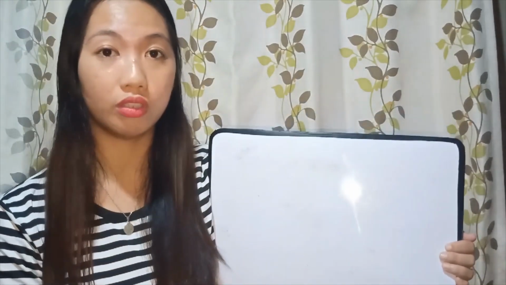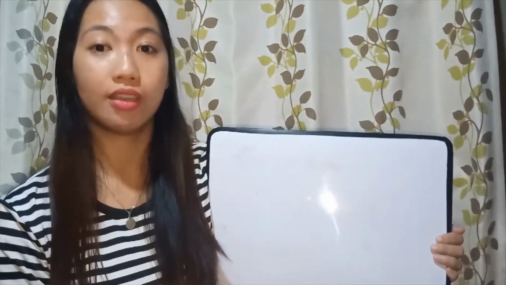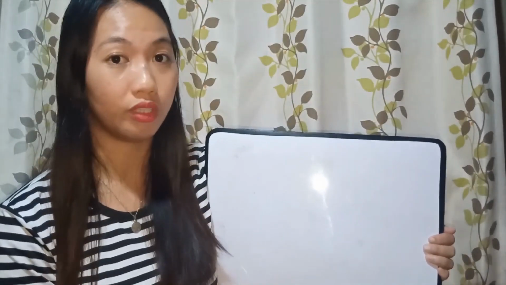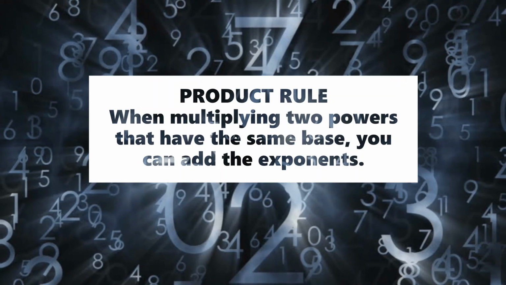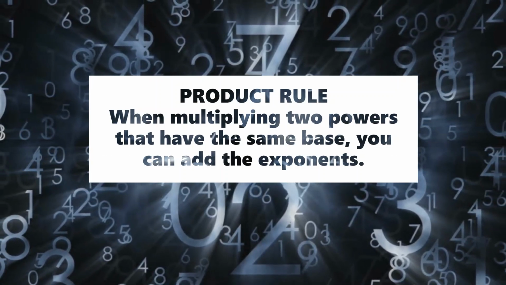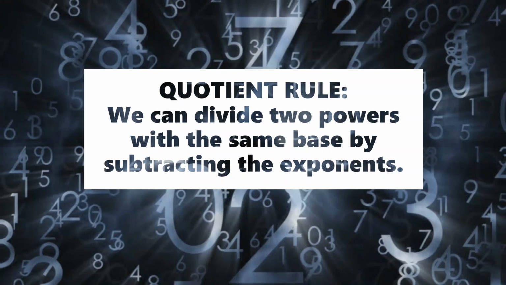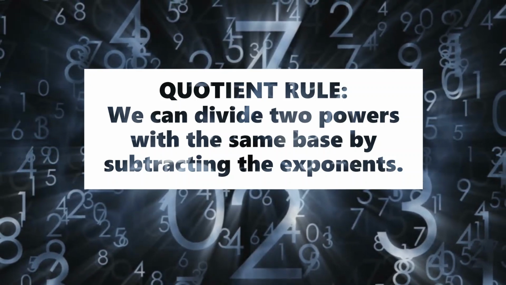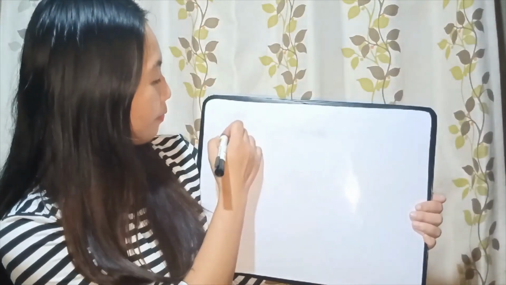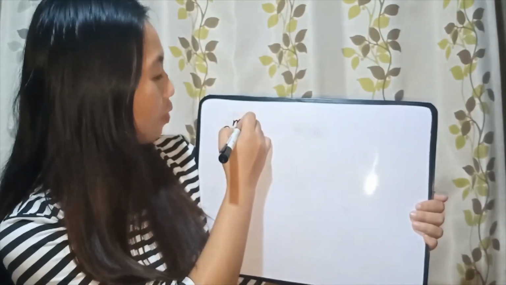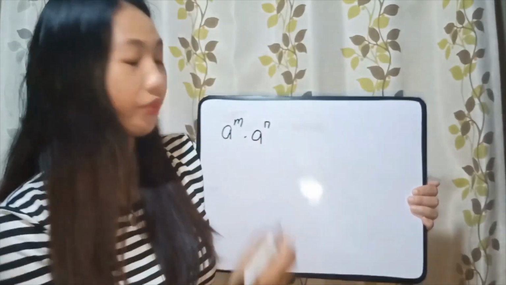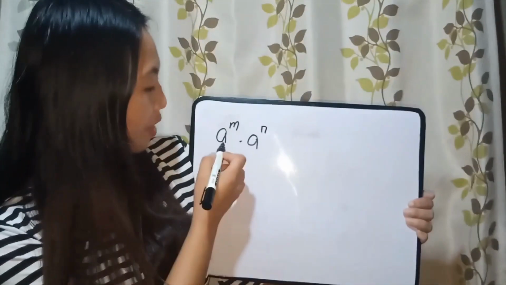Is what we call multiplying and dividing expressions with the same base but different exponents. Okay, so let's have a raised to m times a raised to n. As you can see, we have the same bases.